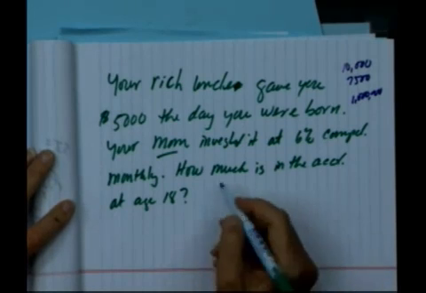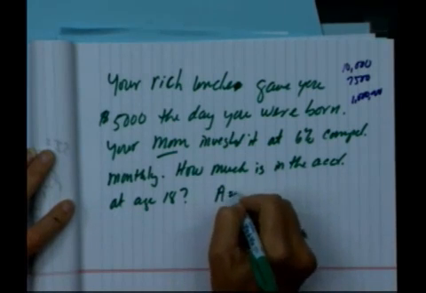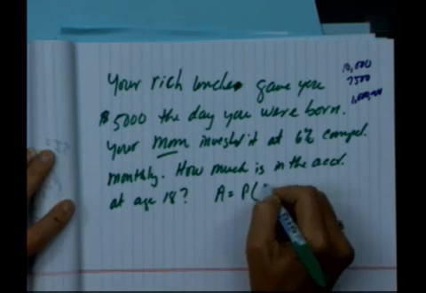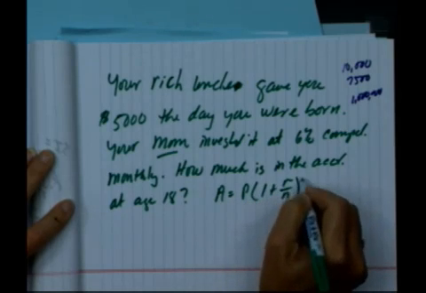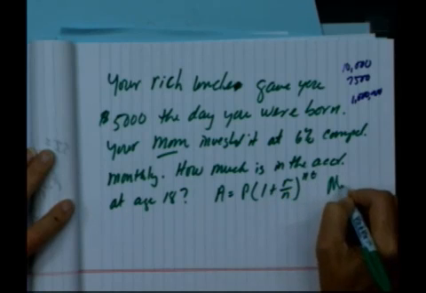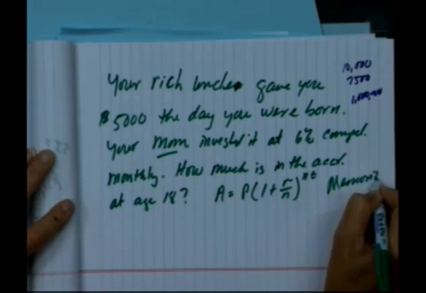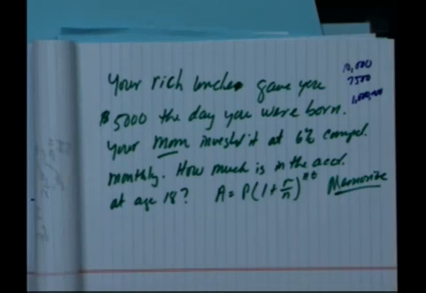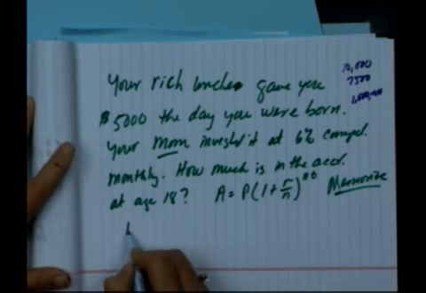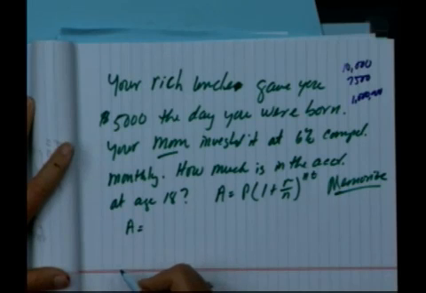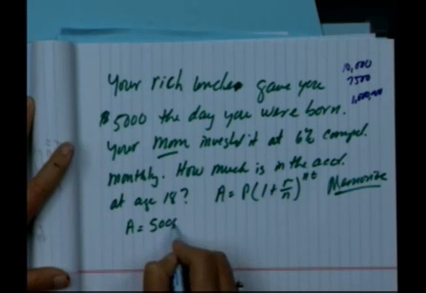All right, so our formula is future amount equals P times 1 plus R over N to the NT. Don't forget to memorize this. Memorize, okay? All right, plug and chug. What's my P? 5,000.